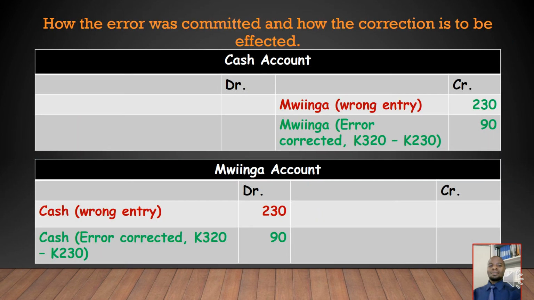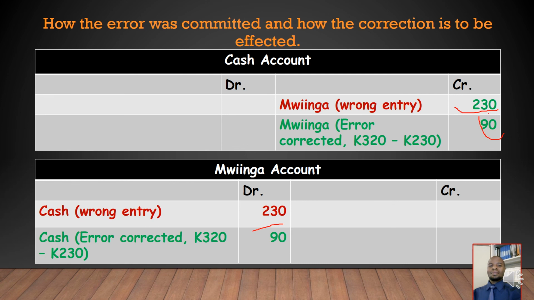In the cash account, we are showing that the error was made by entering 230 kwacha, or rather dollars, on the credit side of the cash account and $230 on the debit side of Mwinga account. What should have been on this side is 320. So all we need to do is find the difference and enter it on the same side.